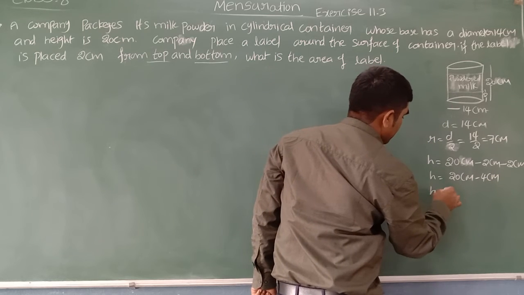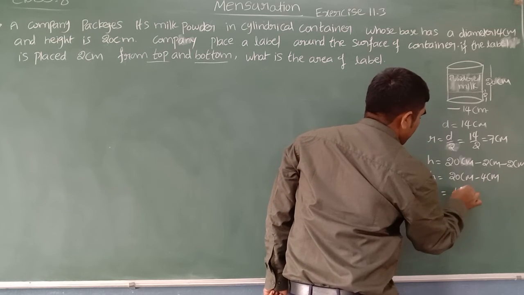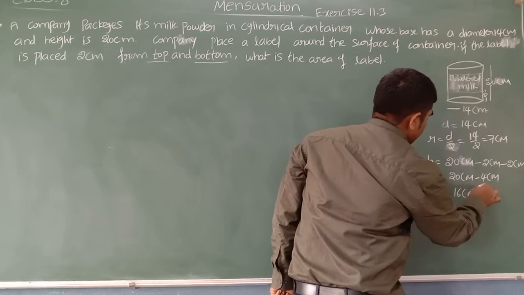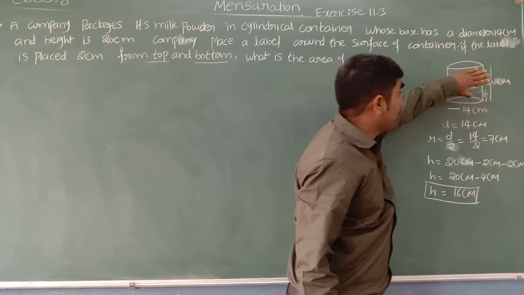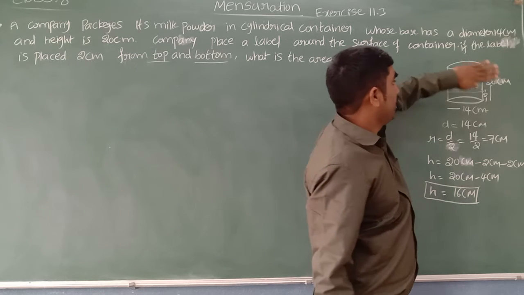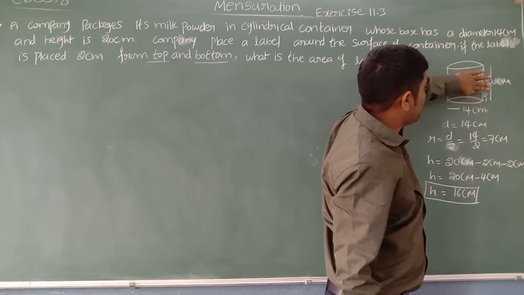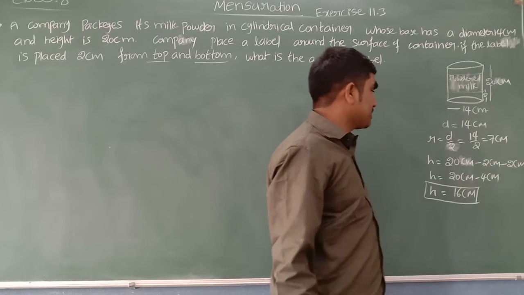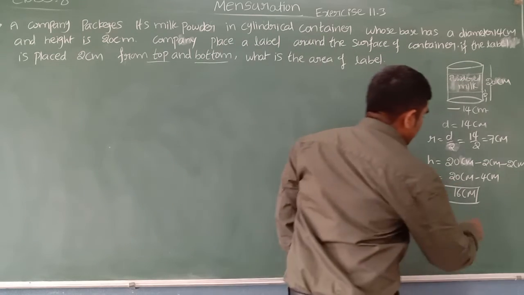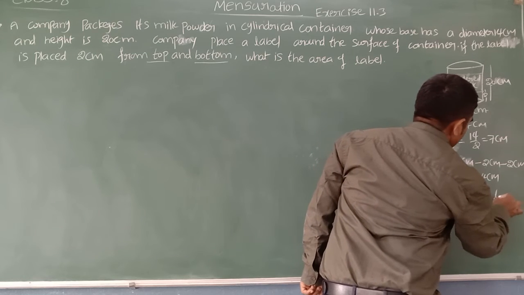So height is 20 minus 4, 16 centimeters. Only 16 centimeters of height is labeled.